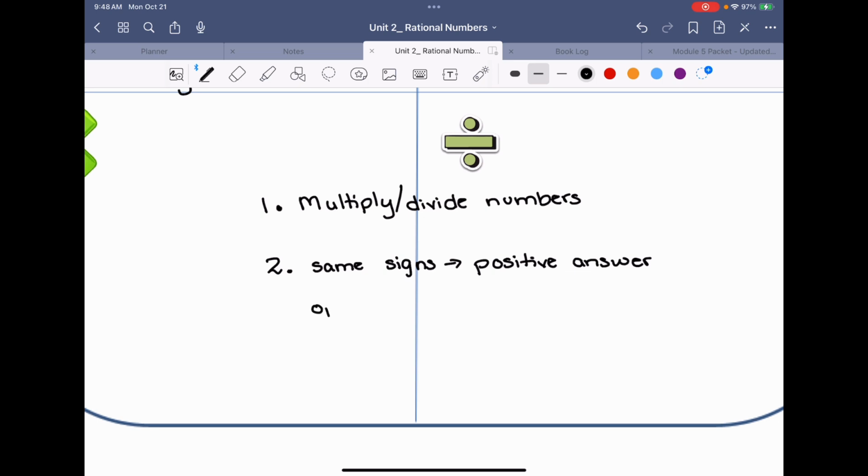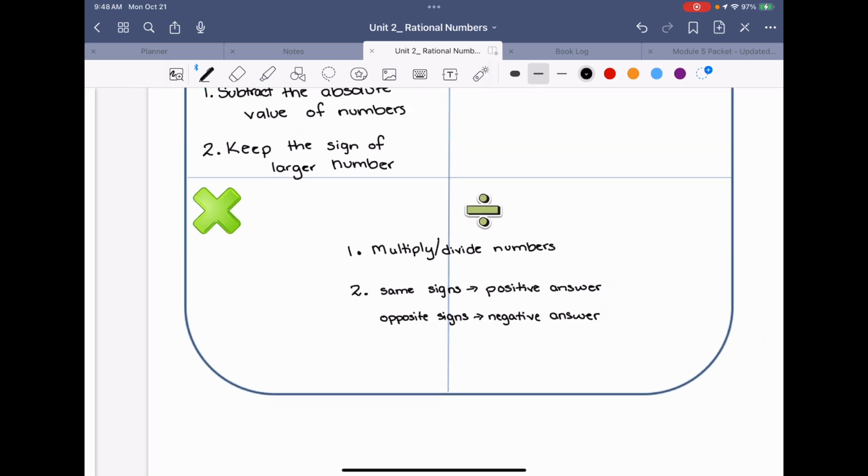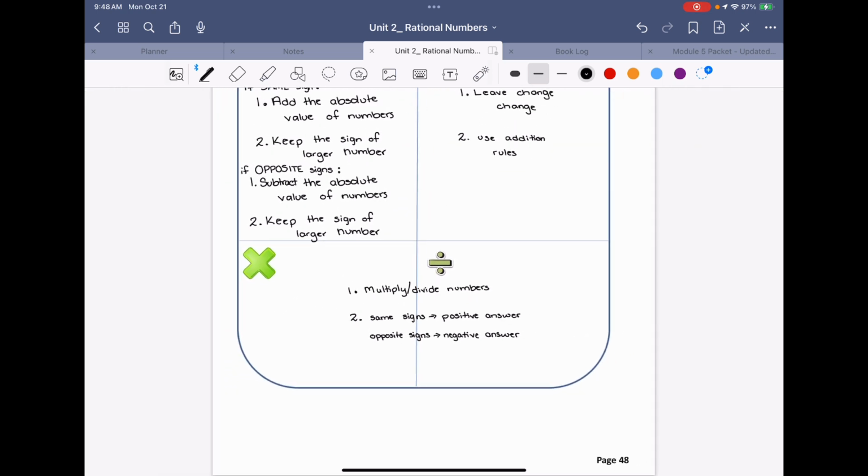If they are opposite signs, you should have a negative answer. Those are our little rules and a breakdown.